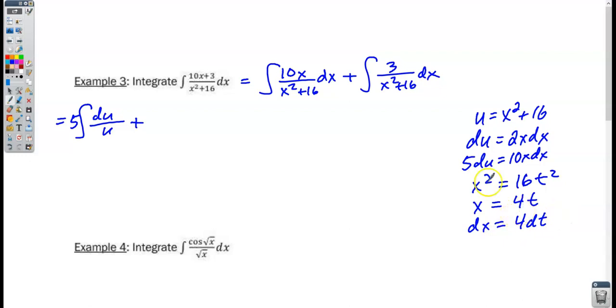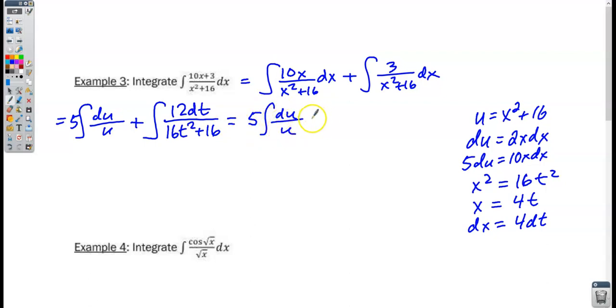So using this substitution turns this integral into the integral of, replacing the dx with 4 dt makes it 12 dt, replacing x squared with 16t squared makes it look like this. And then what I can do is I can factor out a 12 out of the numerator and a 16 out of the denominator. 12 over 16 is 3/4, and this becomes the integral of dt over t squared plus 1.